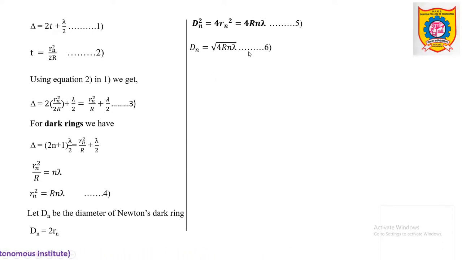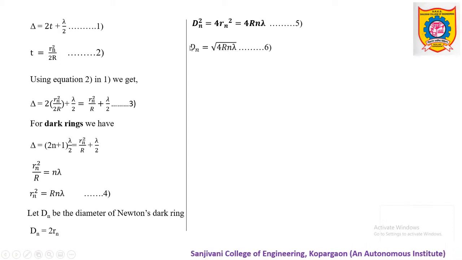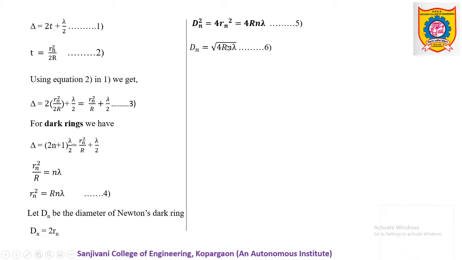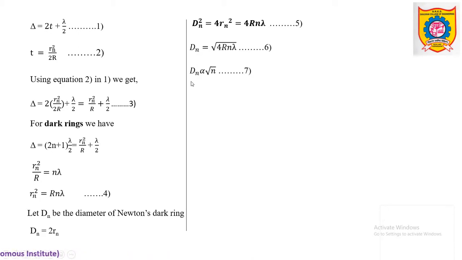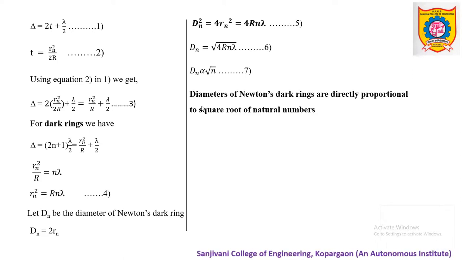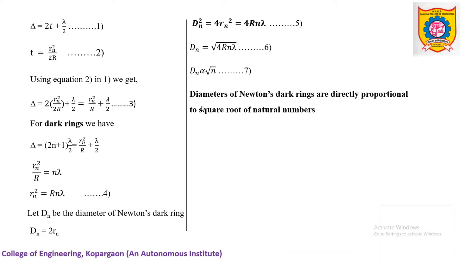That means in that case R and lambda will remain constant, and hence if there is any change in diameter, that will be mainly due to the change in number n only. Thus we can say that Dn is directly proportional to square root of n, or in words, the diameters of Newton's dark rings are directly proportional to the square root of natural numbers.